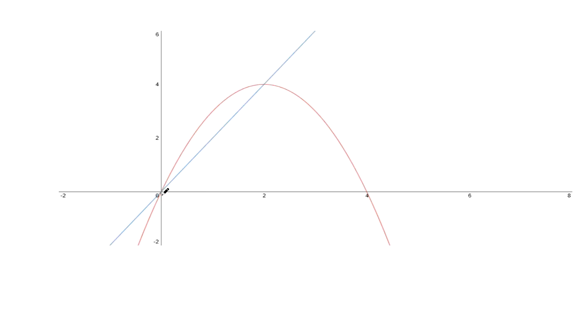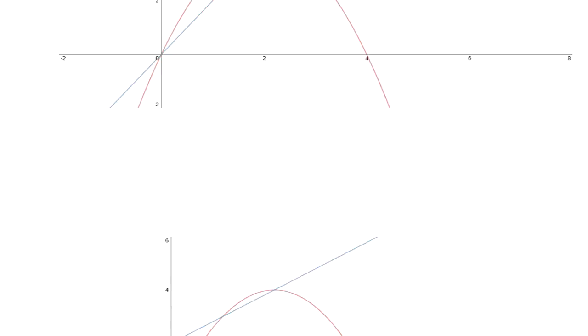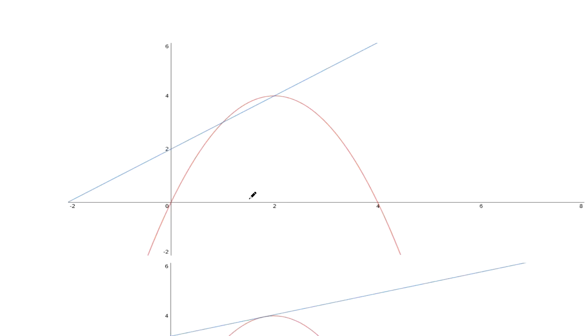Now, if we take this x value here and move it closer to x equals 2, we're going to slide this over here. So at x equals 1, say, we get the blue line crossing here.